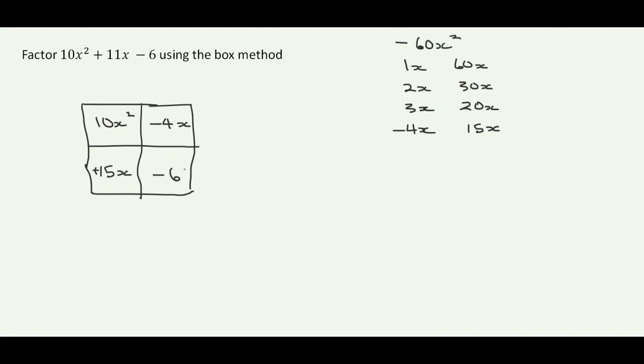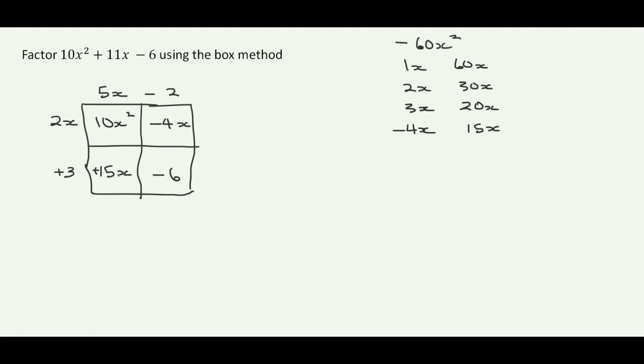So let's factor across. The common factor here would be 2x. 10x squared divided by 2x, we have 5x. Minus 4x divided by 2x, we have minus 2. And then let's come over to the bottom row. We factor this. The common factor here is going to be plus 3.